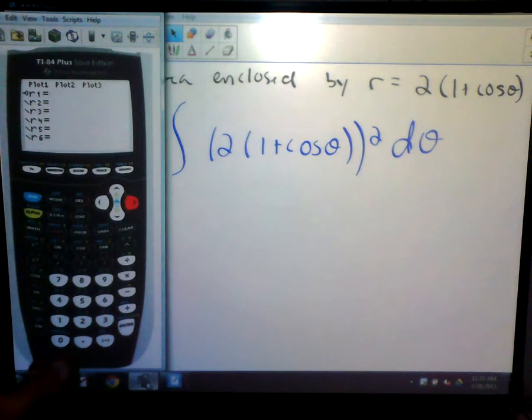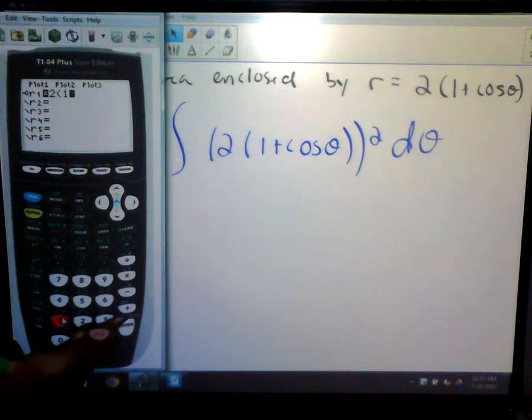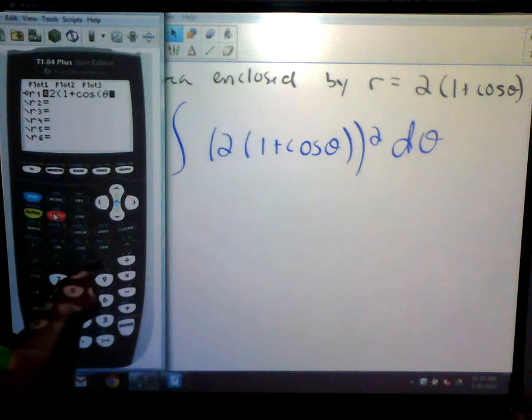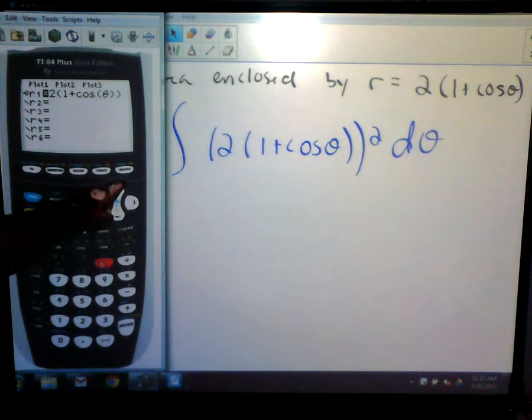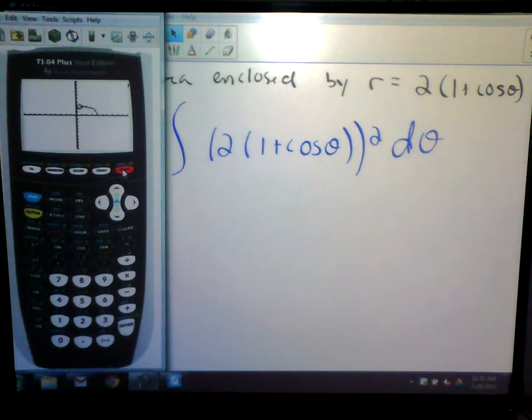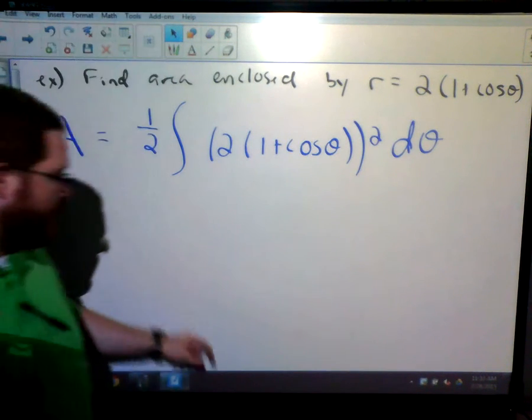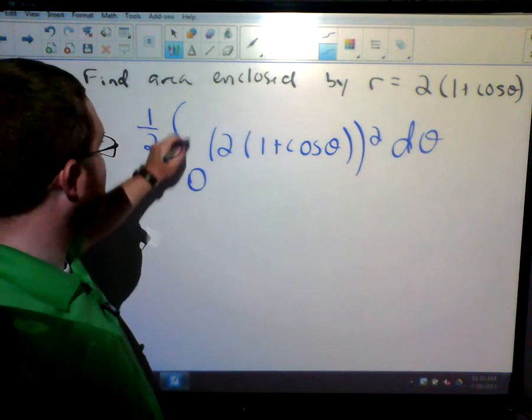So I'm going to graph this, and I want to see if it just goes around once or if it repeats itself. So there it's going, and here it comes back. It doesn't repeat itself. It goes around a circle and stops. So my interval is from 0 to 2 pi.